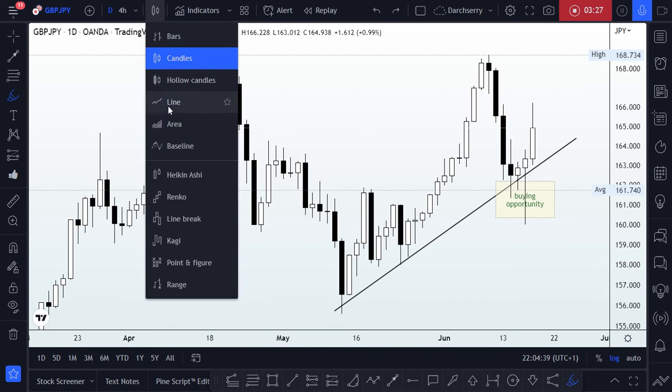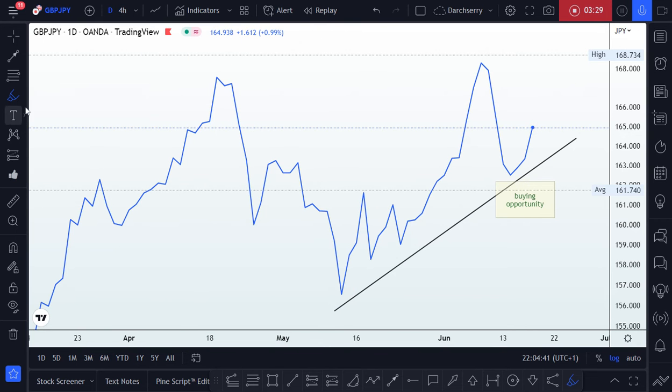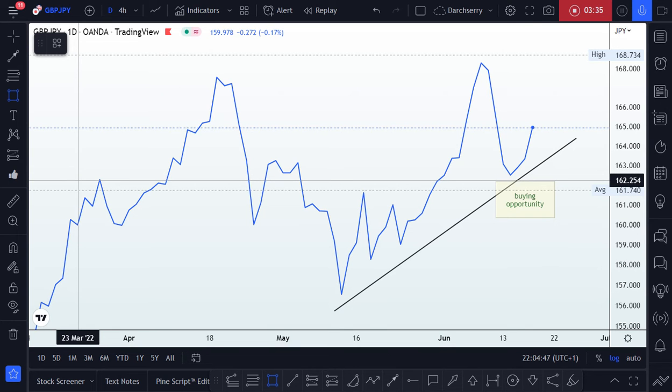So let's bring out our line tool at this point and connect the series of supply and demand we identified earlier, and we will have price around 162.3, I guess.